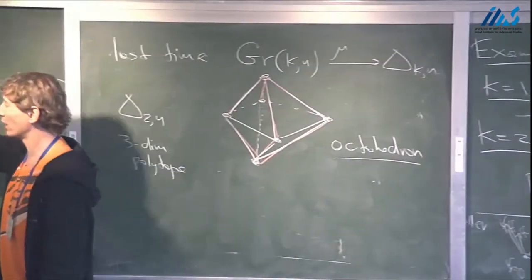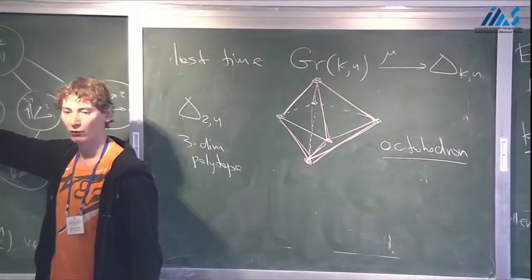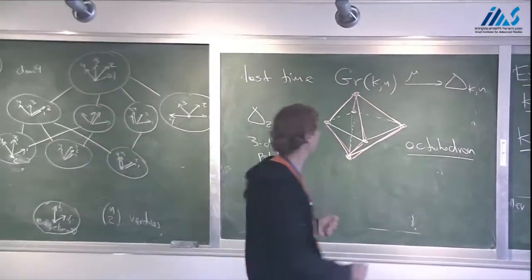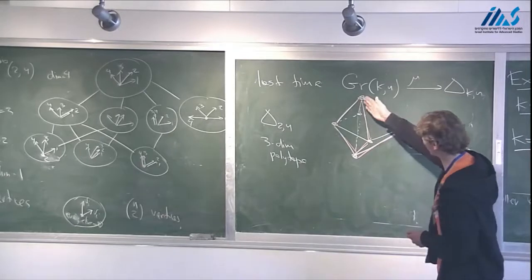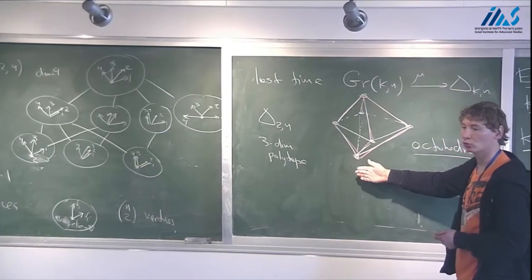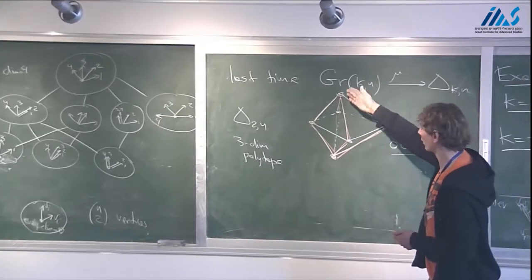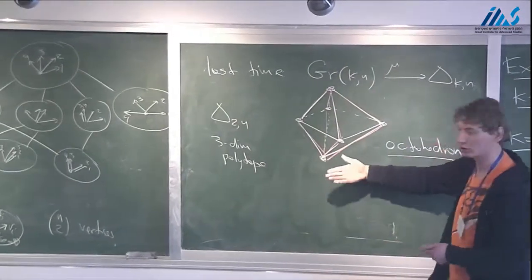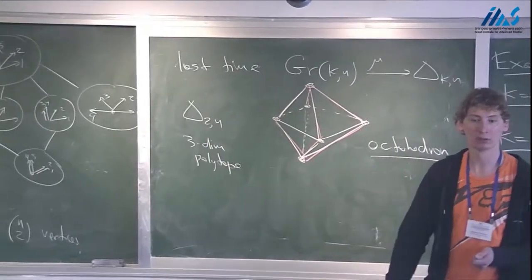Also, the positive Grassmannian will have 4 3-dimensional faces. What are these 3-dimensional faces? You can also see them in this picture. If you cut this octahedron like this, you break it into 2 pyramids. These 2 pyramids will be 2 of the 3-dimensional faces. And if you cut it like this, you also get 2 pyramids.